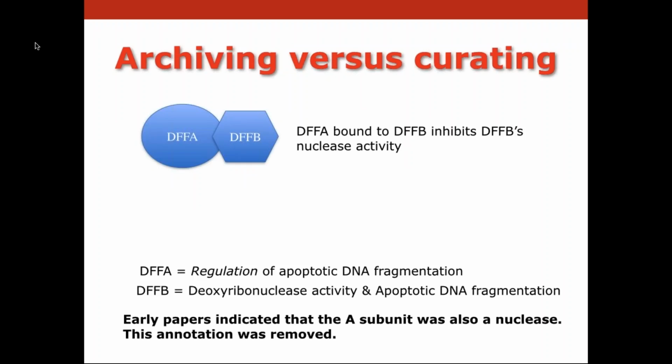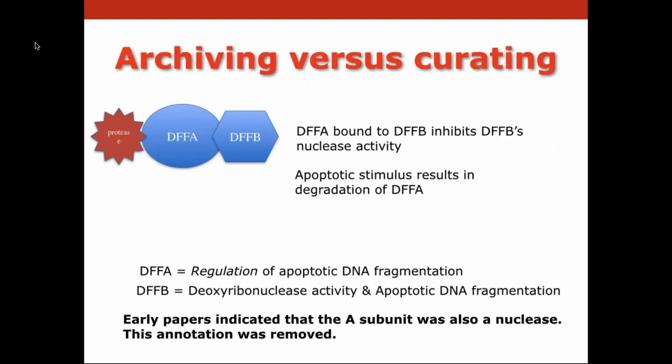This is a slightly different issue. I mentioned that biocurated resources want to be up to date with respect to the current knowledge. So this is an example of a case where we have a protein that is a dimer, and when the A subunit is bound to the B subunit, the A subunit inhibits the activity of the B. Now, there's a protease that comes in and degrades the A subunit, and the B subunit becomes active.